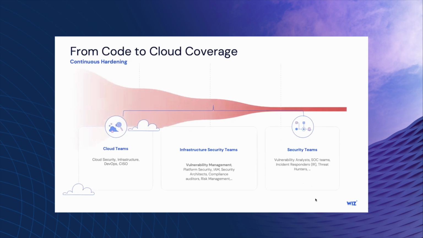And that is this code to cloud coverage that we talk about that leads to continuous hardening. From code, plan, monitor, operate, deploy, release, test, and then code again. Cloud teams, as well as infrastructure security teams, most notably vulnerability management, and other traditional security teams need to work together so that you can continuously improve this process.